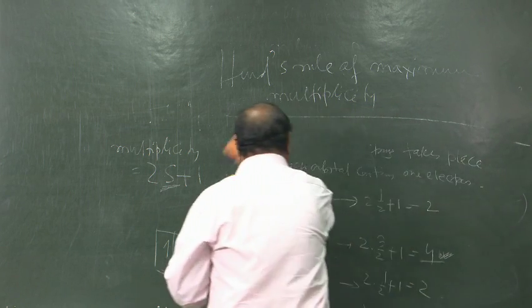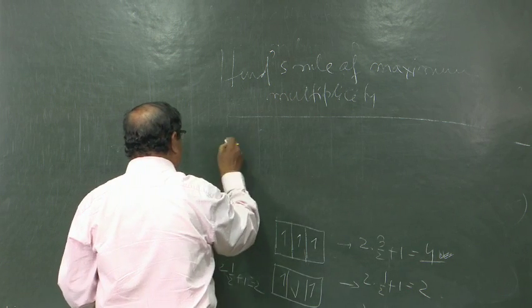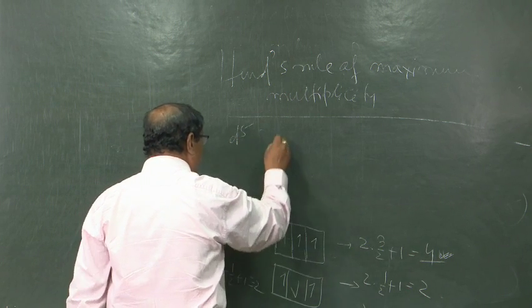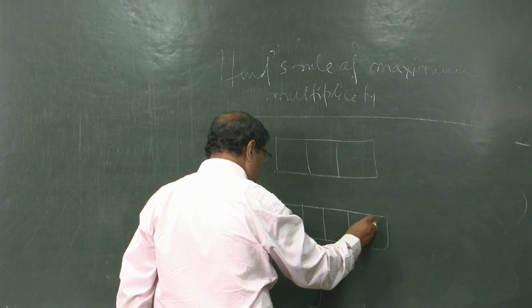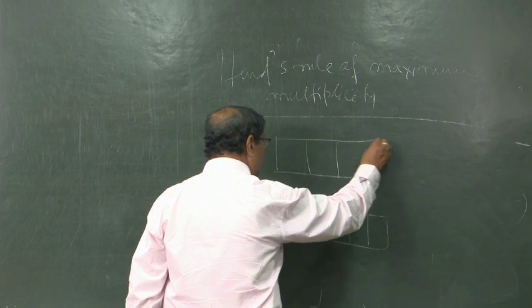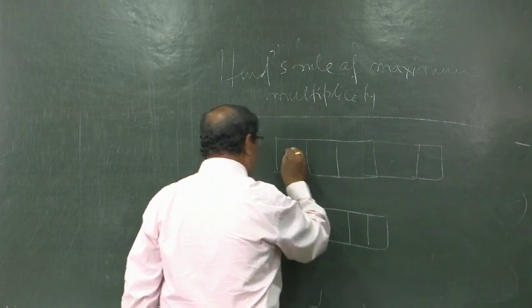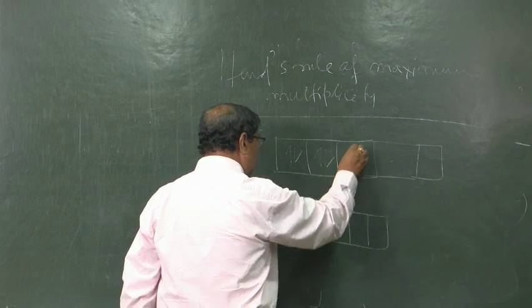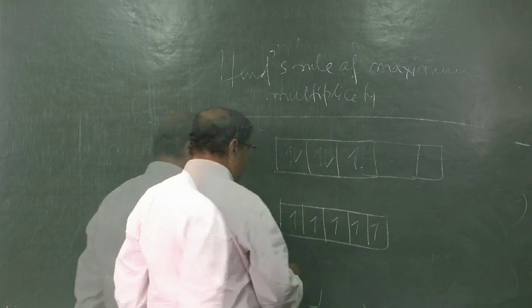Suppose there are 5 electrons in a d orbital, so d5. We can write it like this, or we can write it like this.